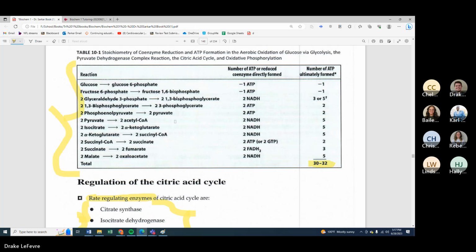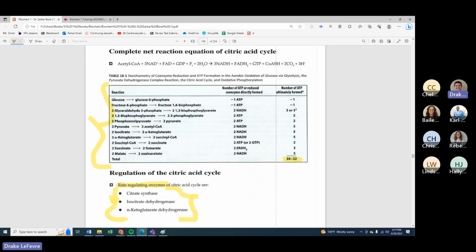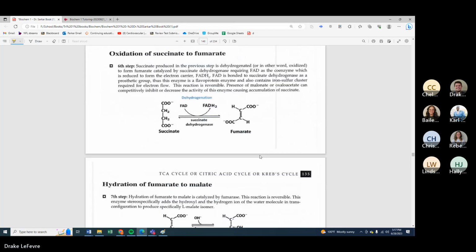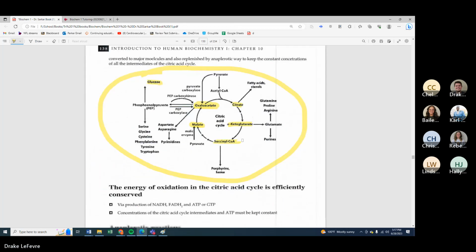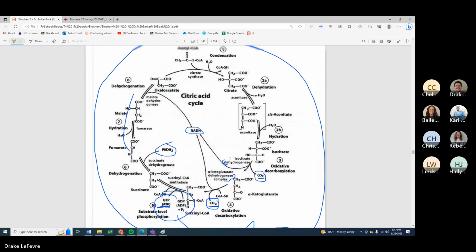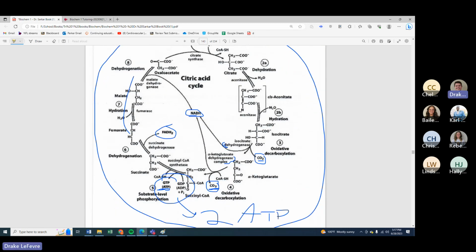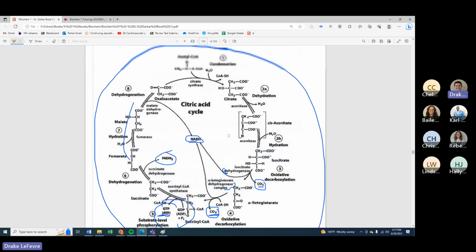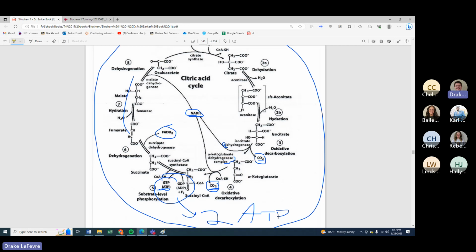Hold up. This chart is different than what it's supposed to be. I never noticed that before. We should have 1, 2, 3 NADH here. So give or take about 27 or so net ATP is what we should have. I'll have to ask Dr. Sarkar about that chart.